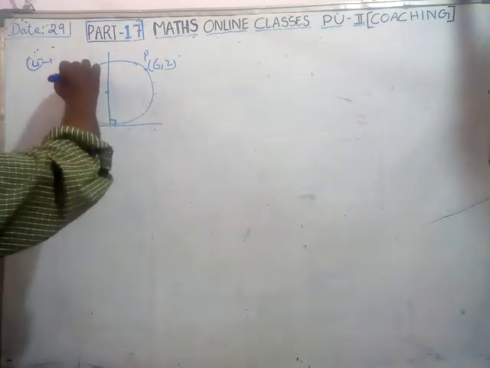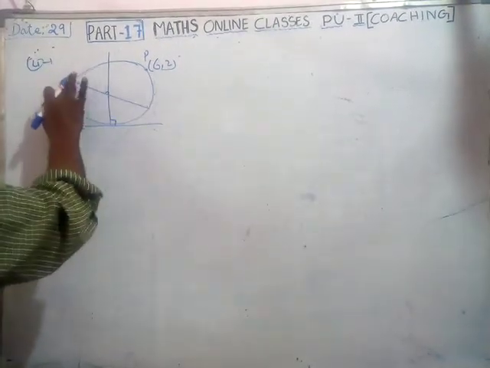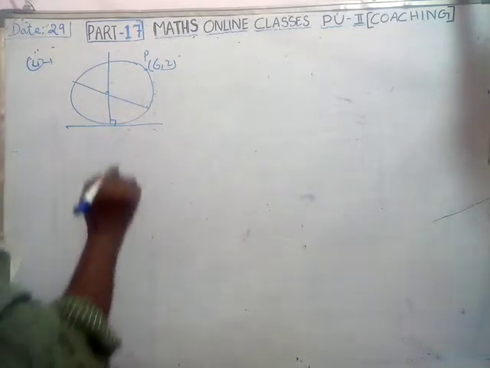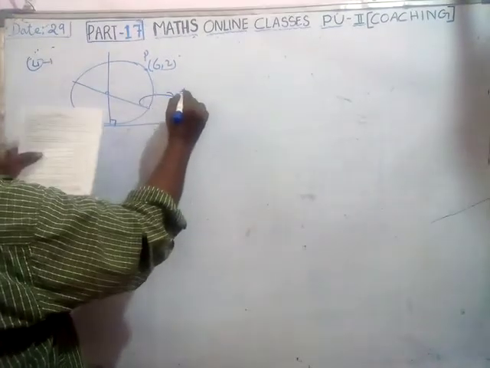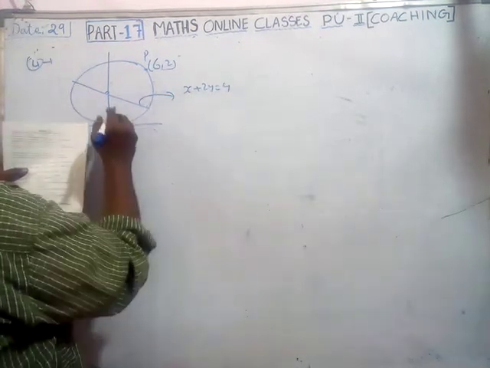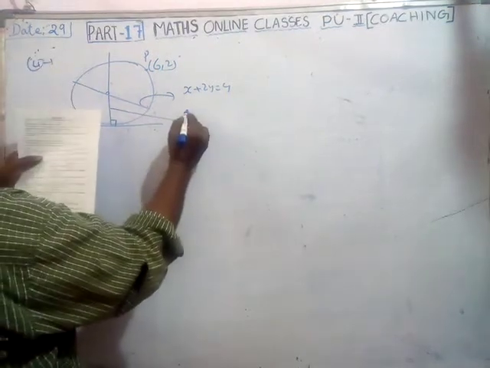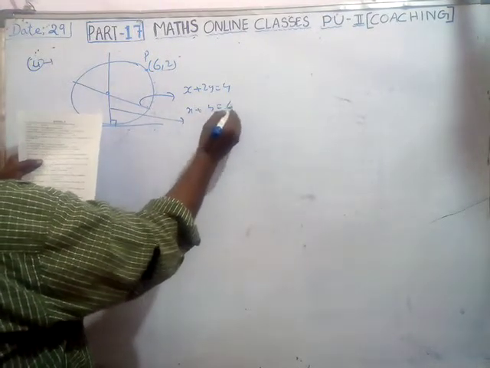And we are given another diameter. Don't confuse. Its equation is given: x plus 2y is equal to 4. And its normal equation is also given: x plus y is equal to 6.